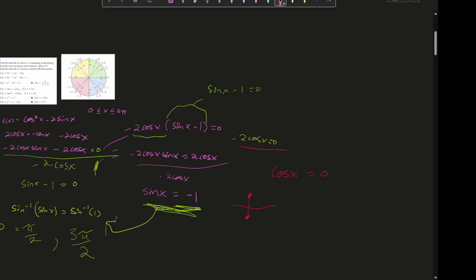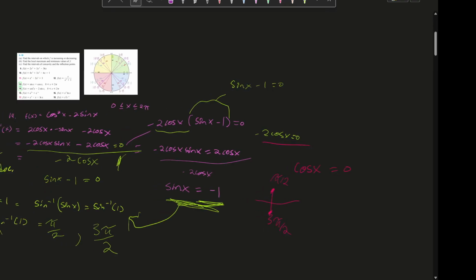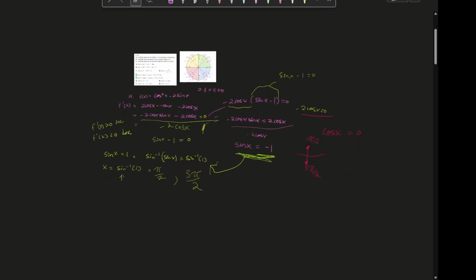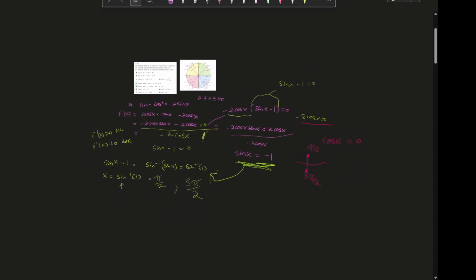And this is pi over 2, and this is 3 pi over 2. If you're going backwards, this is negative pi over 2, negative 3 pi over 2. Anyway, so we have all of our critical points. However you want to do it, either method would have worked, I guess is what I'm trying to say here.